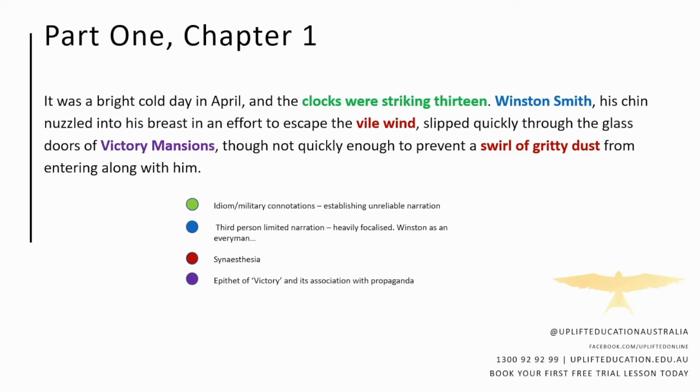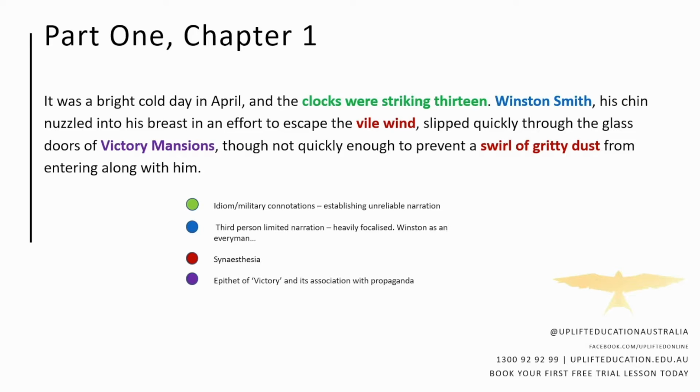Now, there's two main ways to read this. The first option is to read this as an idiom. An idiom is a popular societal saying or phrase, and the 13th stroke of the clock refers to this idea of unreliability. If we think of a regular analog clock, that obviously only goes up to 12 hours.